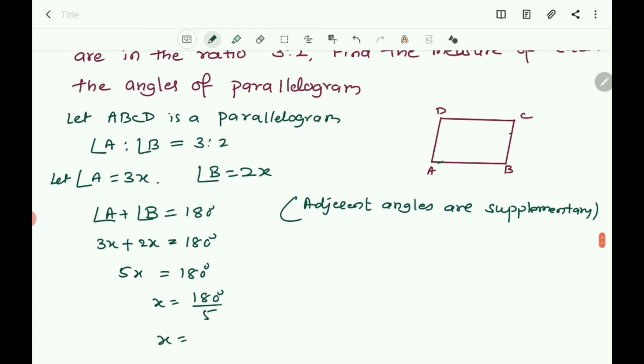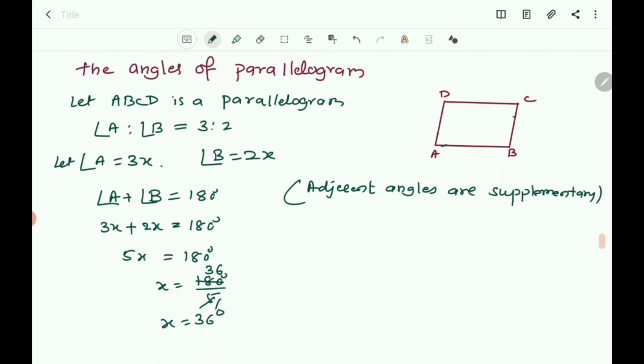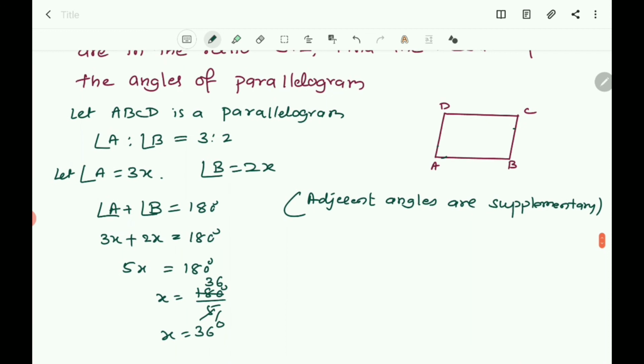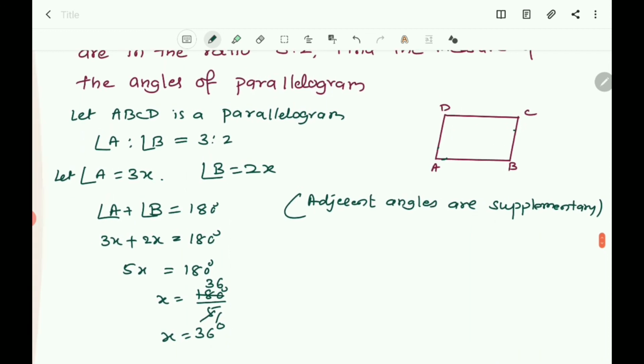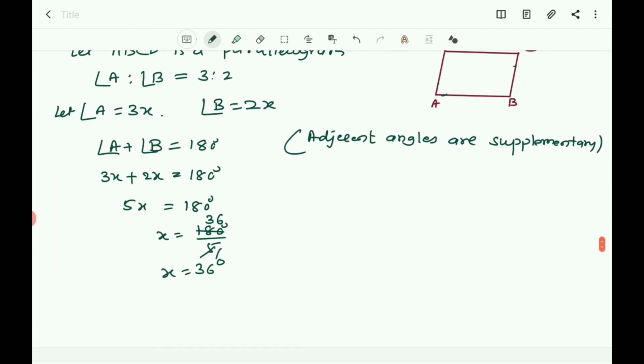5 ones are 5, 5 threes are 15, and 30 is remaining, 5 sixes are 30. So here you got x equals 36 degrees. So x equals 36 degrees; now find each angle of the parallelogram.